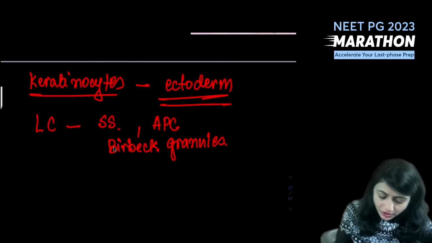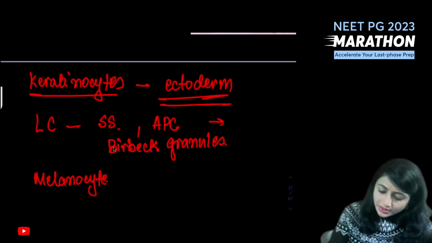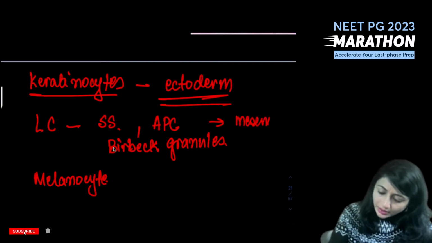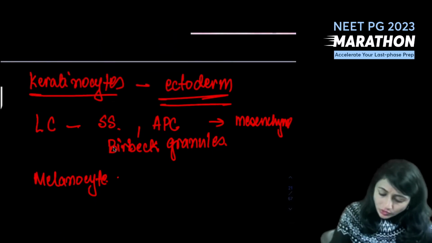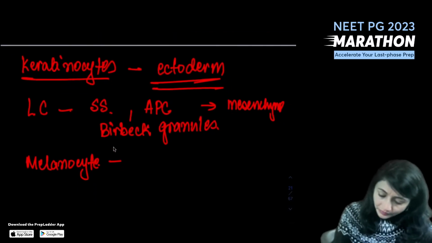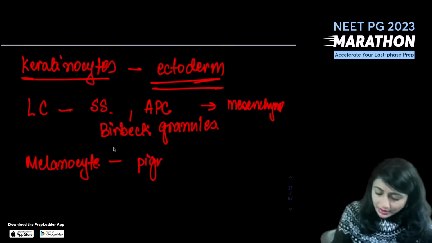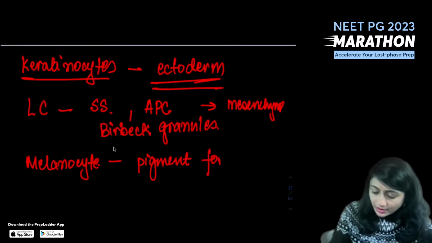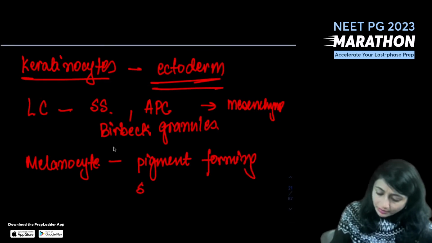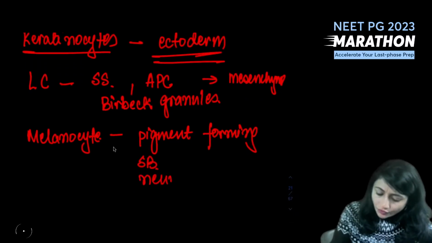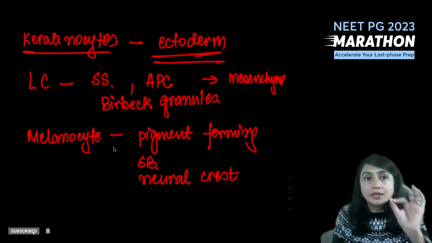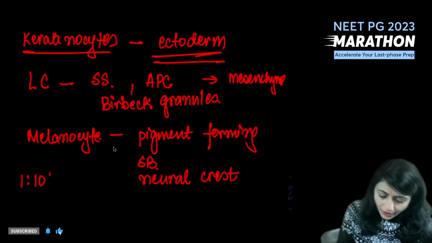Coming to my next cell, which is my melanocyte. Now, Langerhans cells are derived from mesenchyme. Then comes my melanocyte. It is my pigment forming cell which is present in stratum basale. It is derived from neural crest and it is present in the ratio of 1:10.